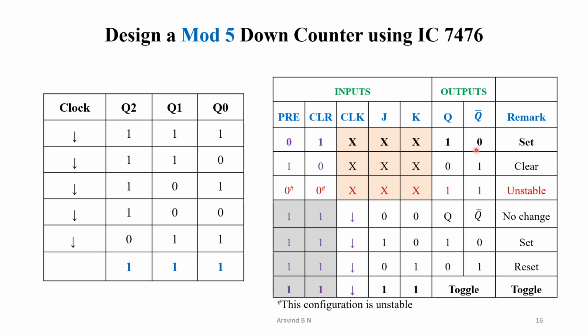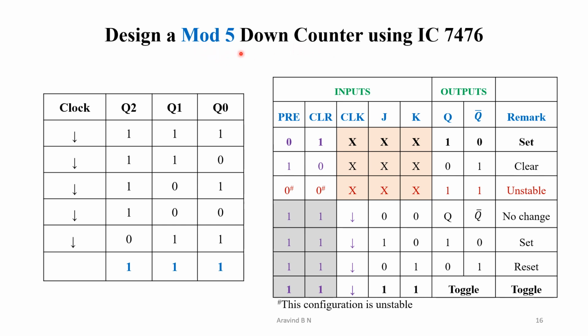Second one is preset equal to 1, clear equal to 1, and toggle condition, so that we perform the regular down count operation. This combination as well as this combination from the functional table we are going to adopt to design a mod 5 down counter here.